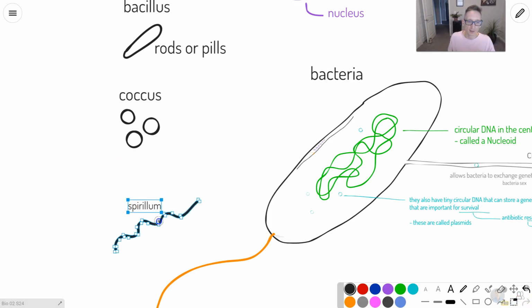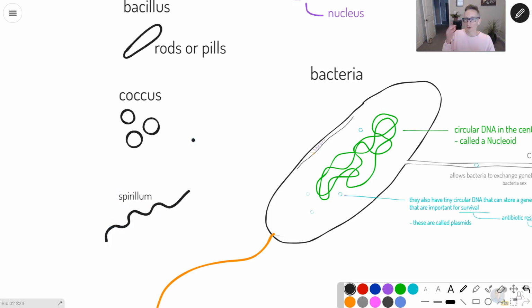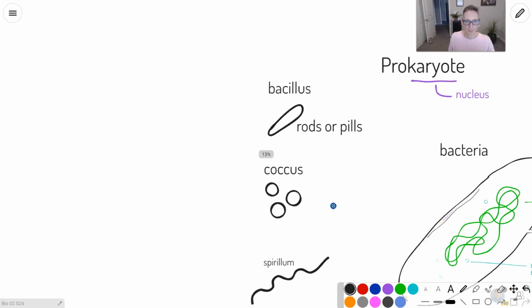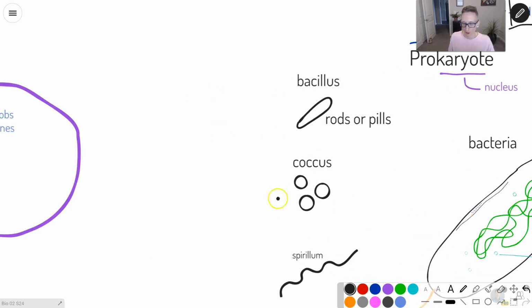And then bacteria can be either staph or strep. Very quickly. Staph means they form clusters. So a staphylococcus would look something like this.